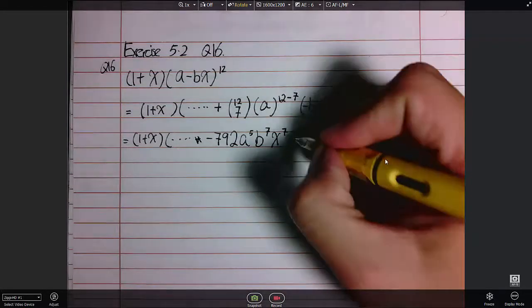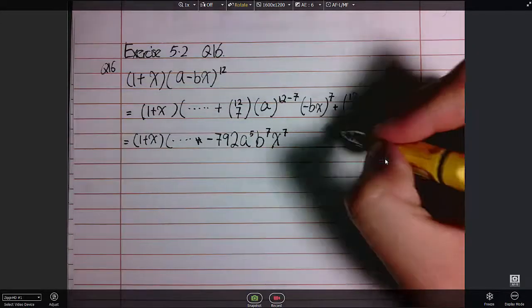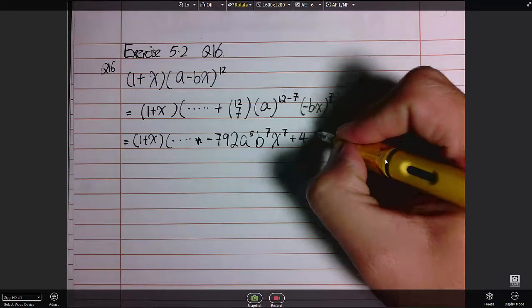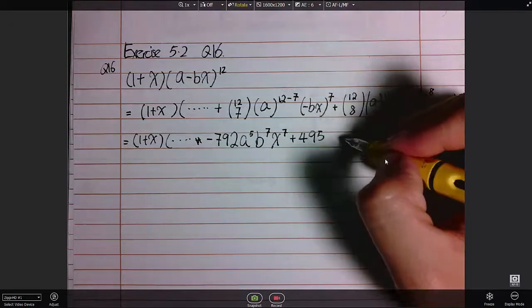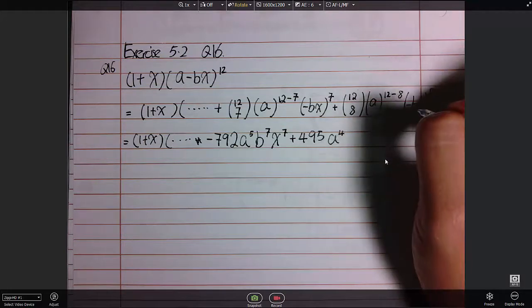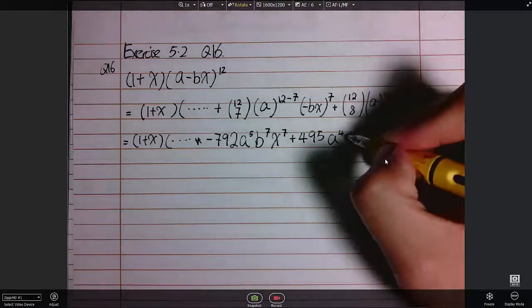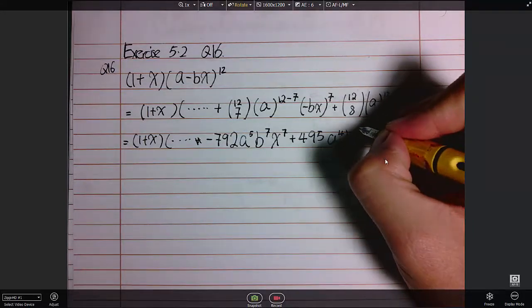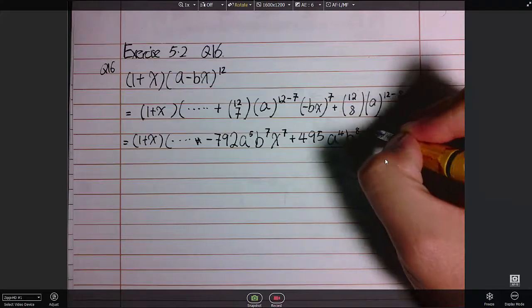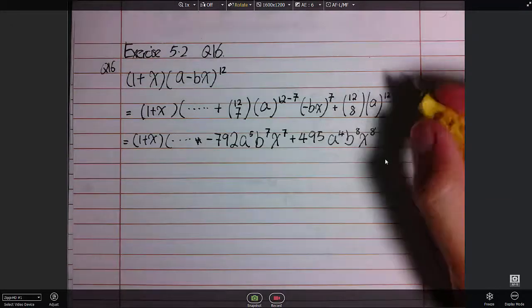Similarly, for this side, 12 choose 8, what I will get is 495 a to the power of 4, negative b to the power of 8, even. Negative times negative is positive, that's why I get a plus sign there, and I get b to the power of 8, x to the power of 8, plus dot dot dot.